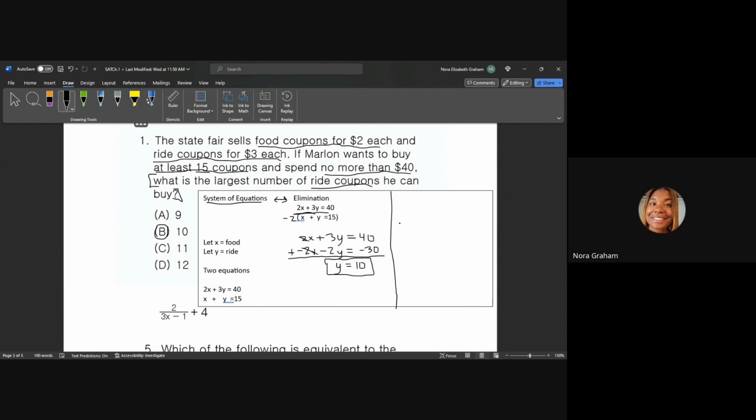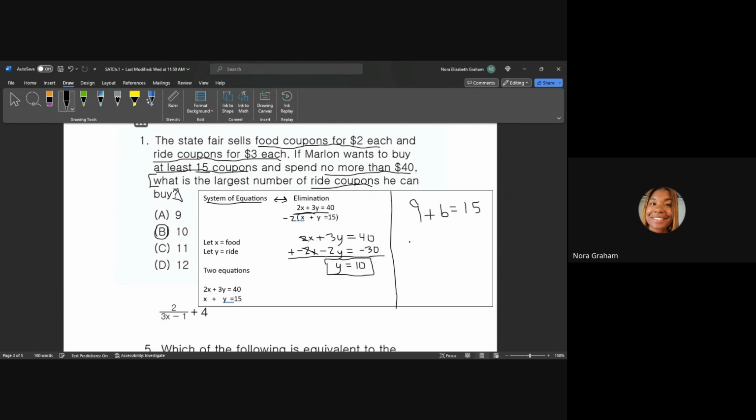So let's say we plug in. I call it plugging and chugging, when we use our answers to plug into our paragraph. So I know if he has 9 rides, he's going to have 6 coupons for food because he wants at least 15 coupons, right? So 9 plus 6, 9, 10, 11, 12, 13, 14, 15.